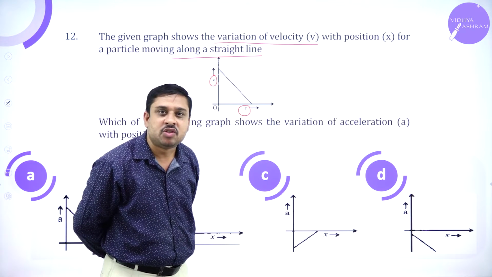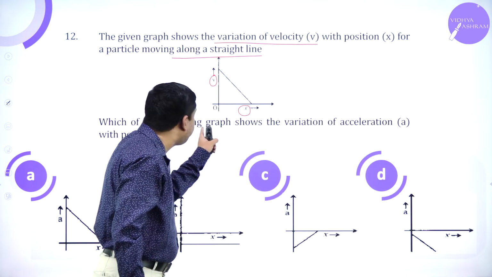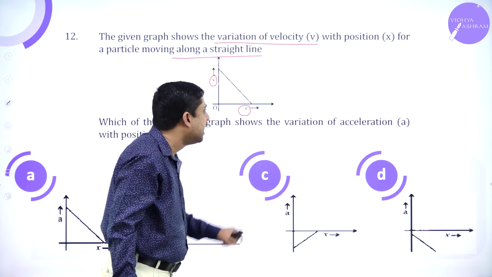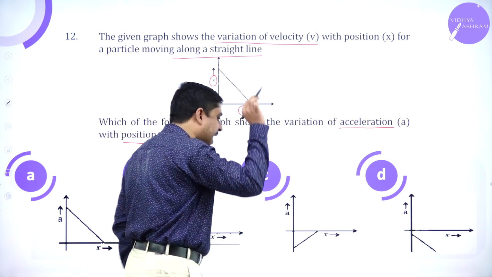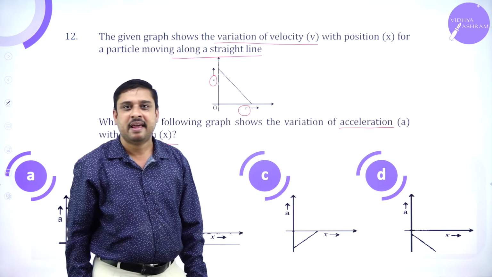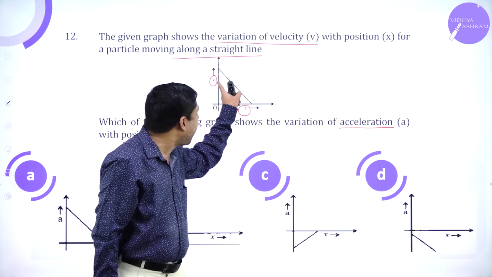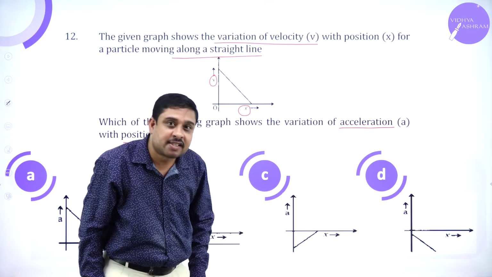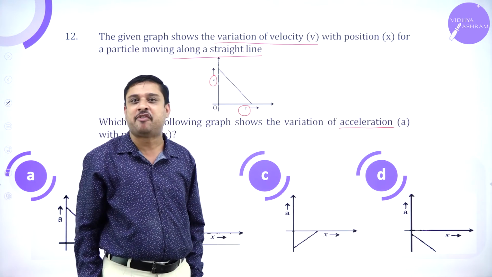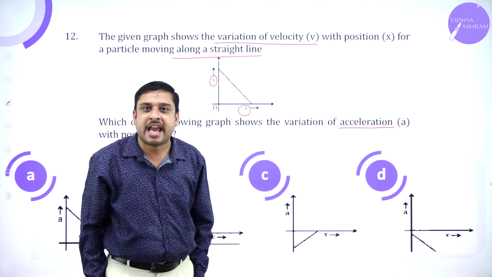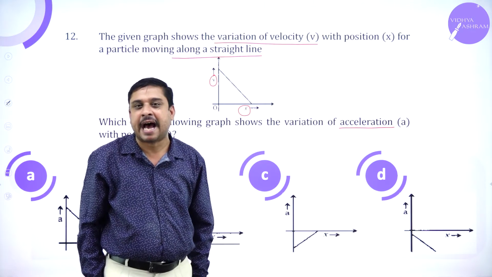One dimensional motion. Now, which of the following shows the variation of acceleration with position? I have a graph indicating variation of velocity with position. The consequent graph which shows the variation of acceleration with position has to be given.